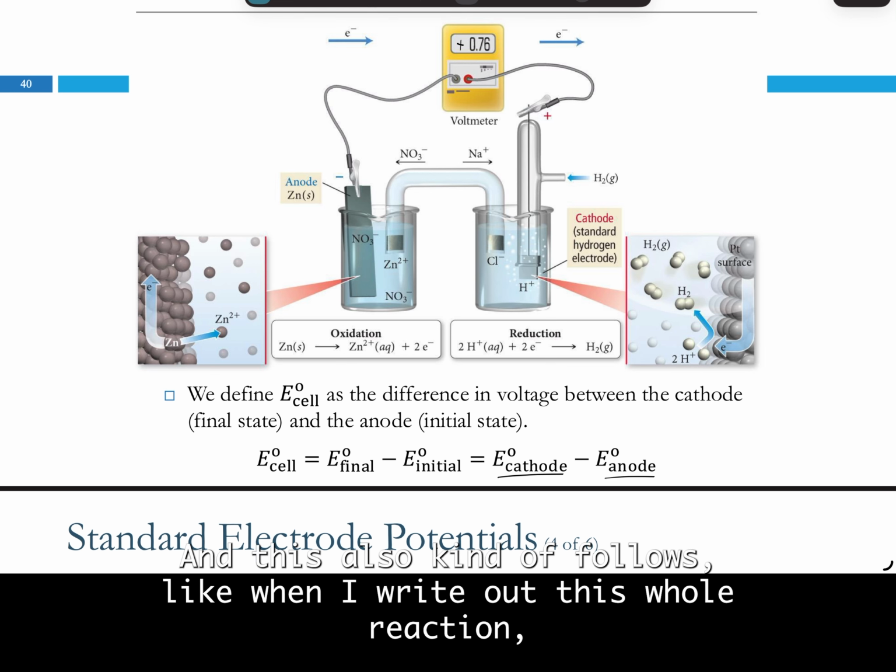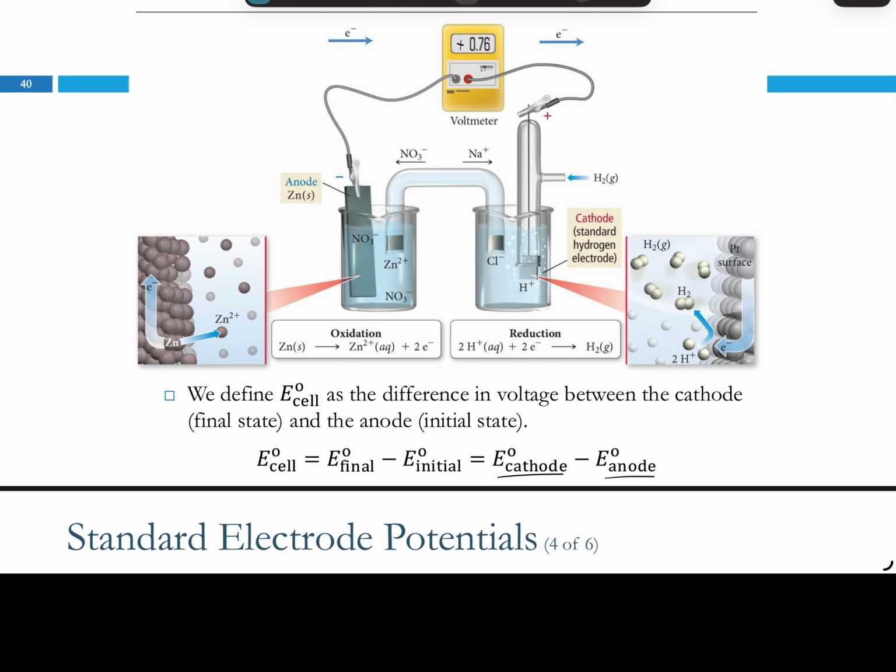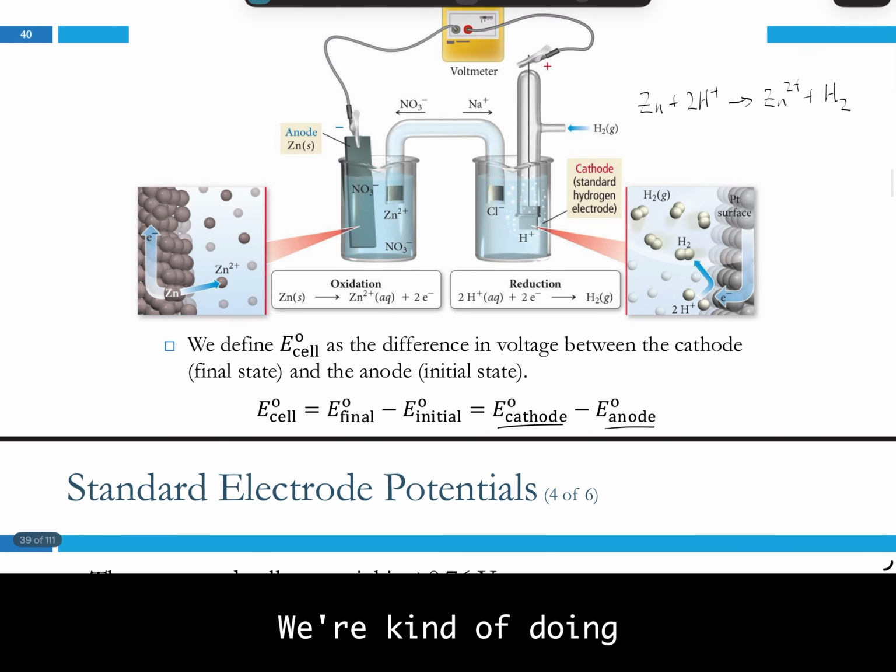And this also kind of follows, like when I write out this whole reaction, it would be zinc plus 2H plus goes to zinc 2 plus and H2. We're kind of doing products minus reactants.